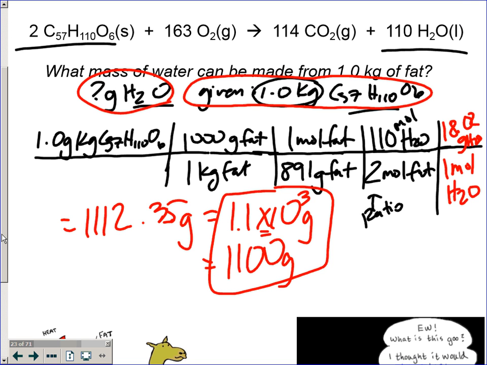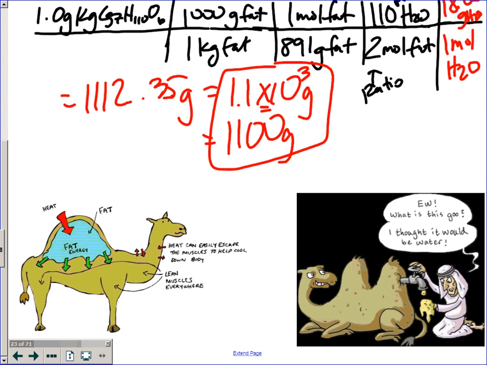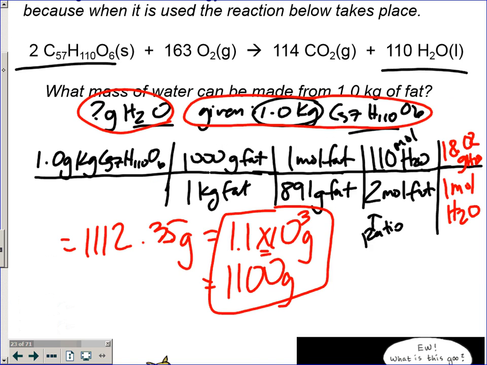So basically this was just a cool example because the camel's hump is not made of water. It's made of what? Fat, right? So this hump does not have water and it has fat in it. The fat energy is used by cellular respiration and it combusts in its body, right? How do I know this is combustion?